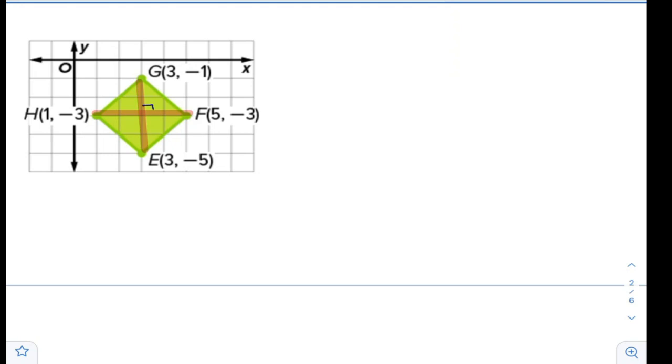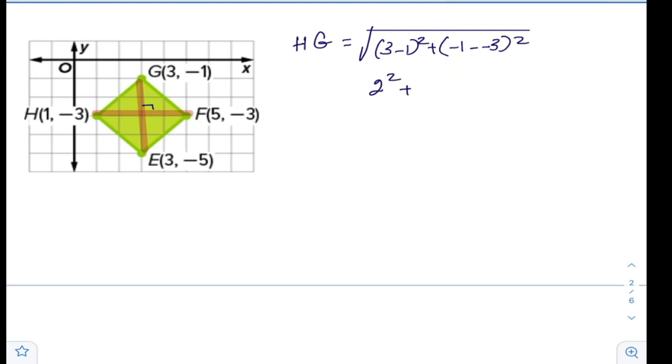Let's find HG. Also, we will use distance formula because all are slanted. So we say 3 minus 1 all square plus minus 1 minus 3 all square. 2 squares plus another 2 squares. So square root of 8 as well. This is one of the lengths.